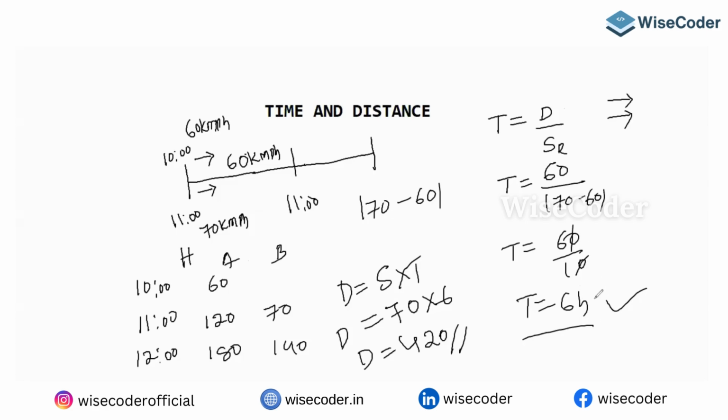So you will take time as 6 hours. Then you want the distance, speed into time. So 70 into 6, that is going to be 420 as our answer. Okay, that's how you can get your answer. Let's go to the next question.